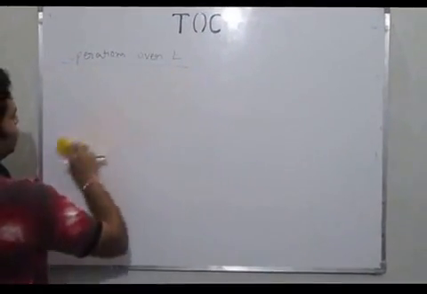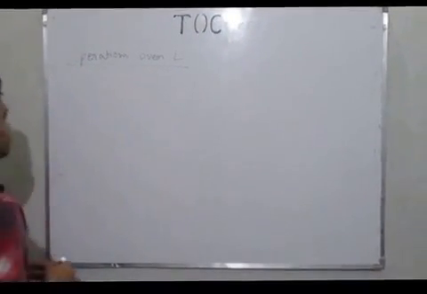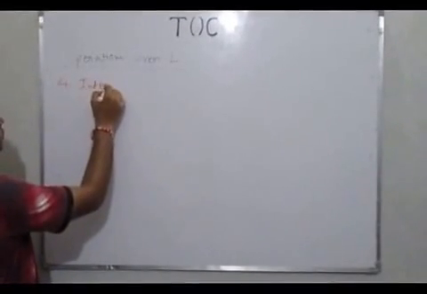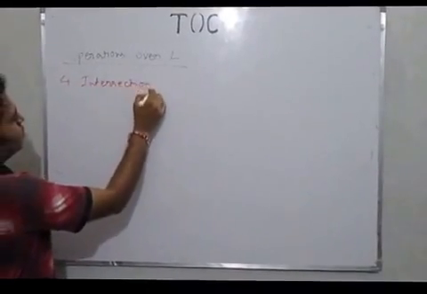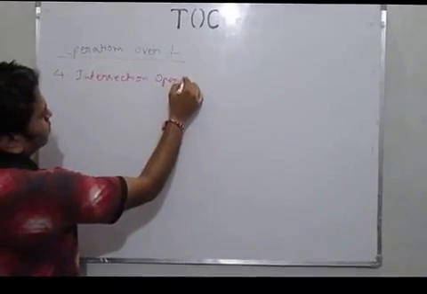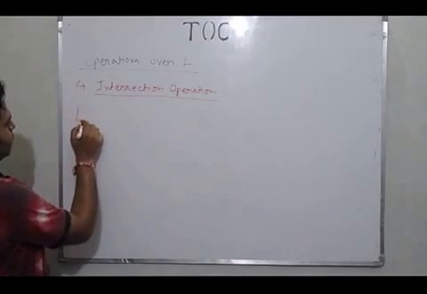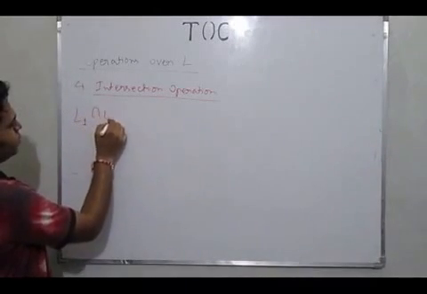Fine. The next operation that we perform over the language is the intersection operation. So what would be the definition of the intersection?